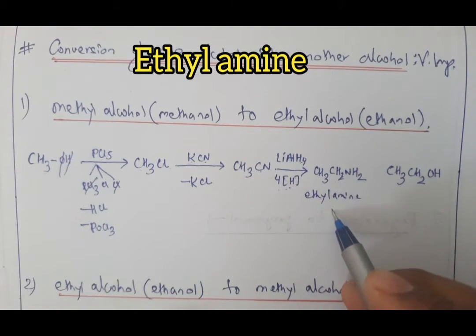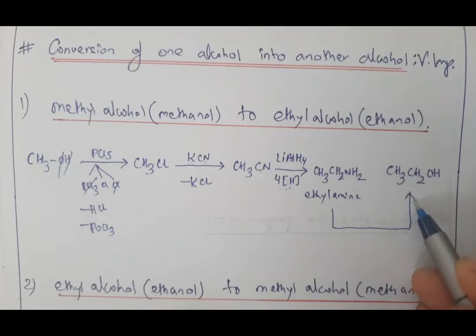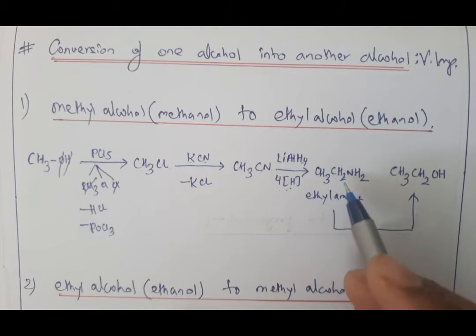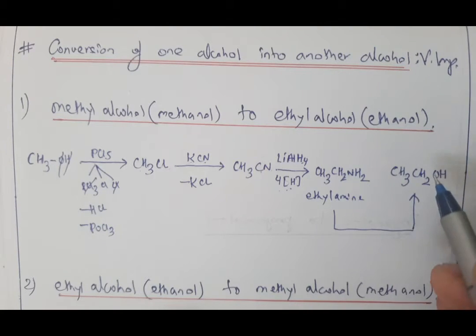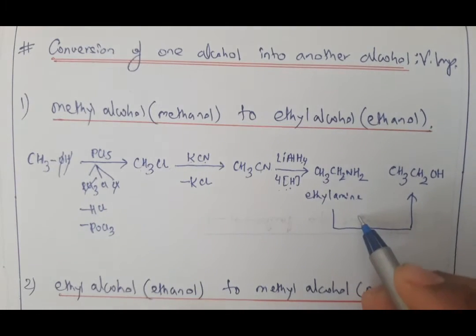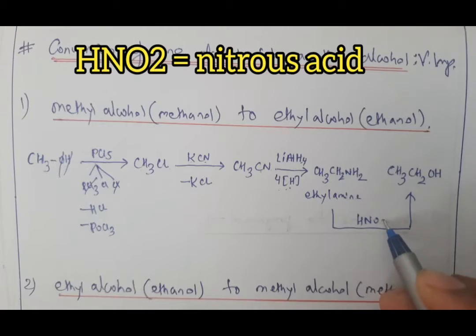Now once I got amine, my next task is to convert it to alcohol. Ethylamine to ethyl alcohol. I have taught you this in the preparation of alcohol, amine to alcohol. We can convert amine to alcohol by adding nitrous acid.